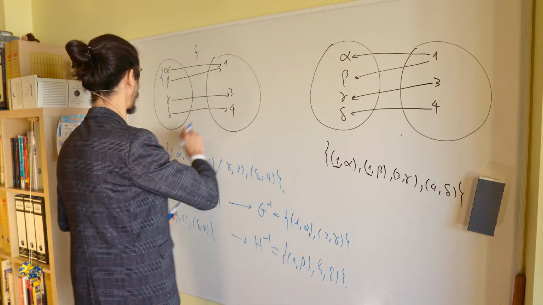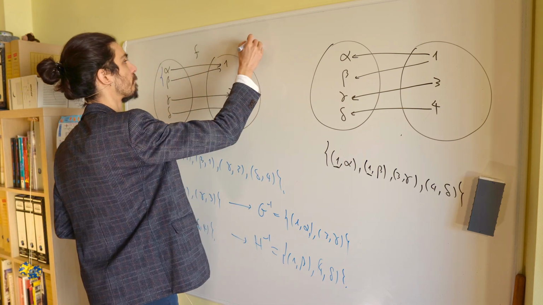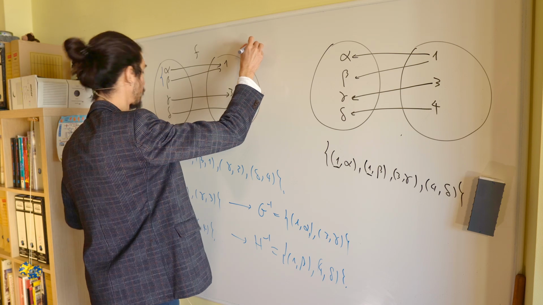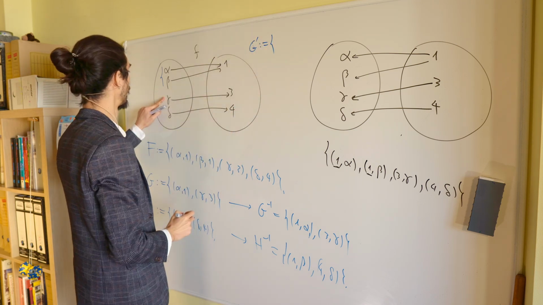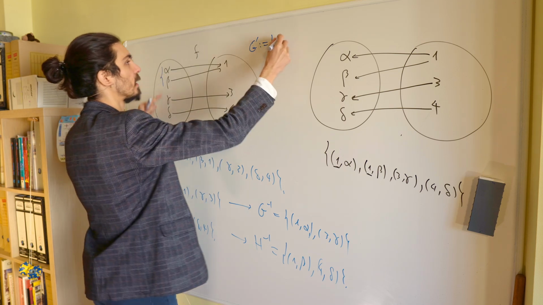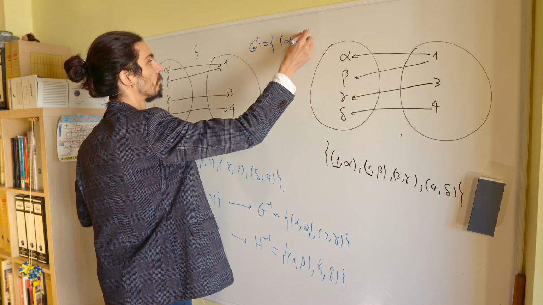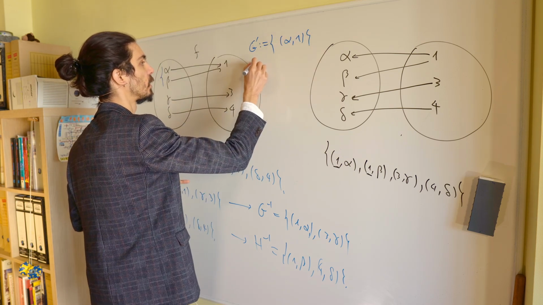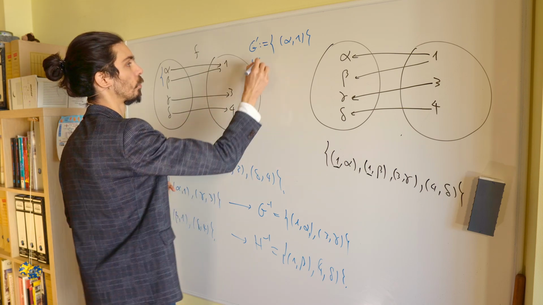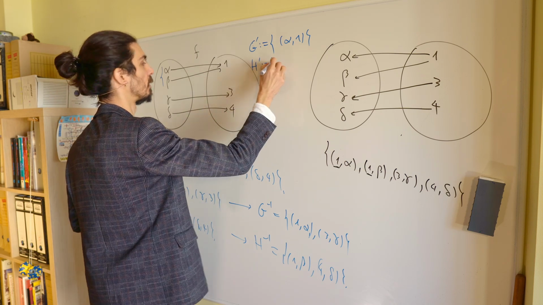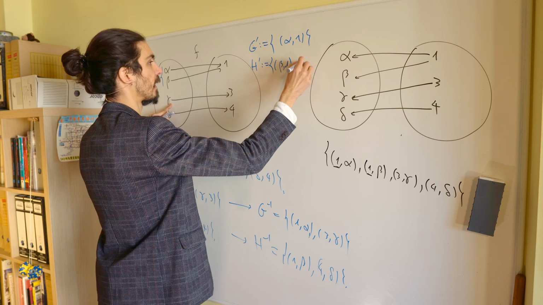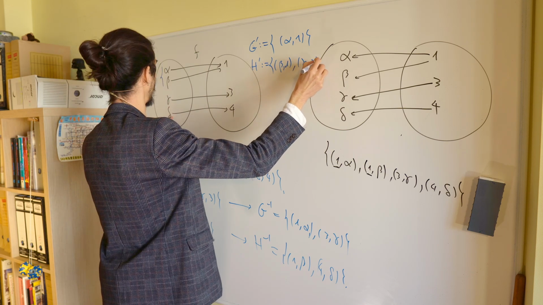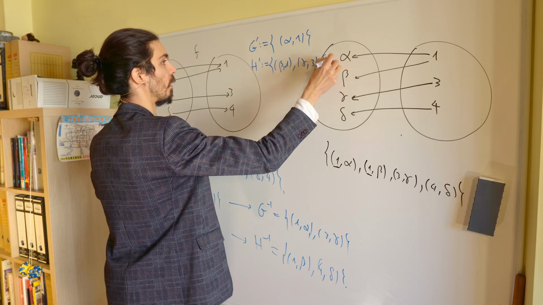For example, instead of this g, let's define another g prime, and g prime could contain just alpha 1. H prime could now contain beta 1, gamma 3, and delta 4.